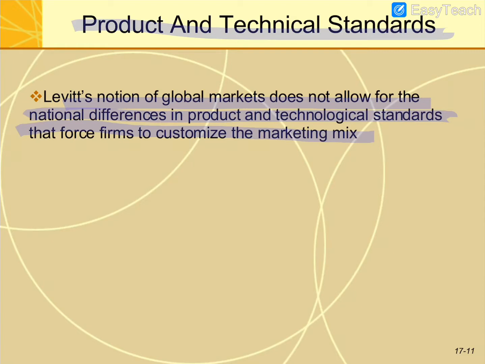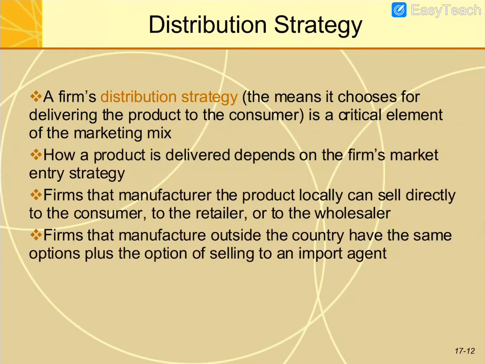Next we move to the second component of the marketing mix, which is distribution strategy. A firm's distribution strategy, or the means it chooses for delivering the products to the consumer, is a critical element of the marketing mix. How you want to distribute and deliver your product to your consumer.